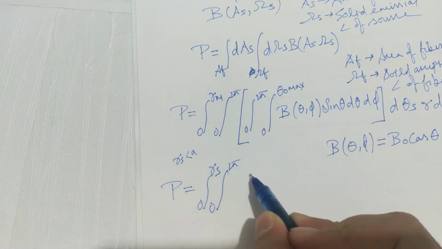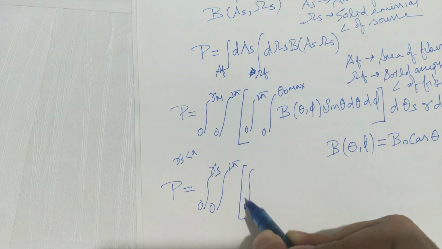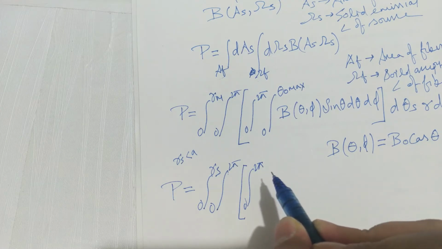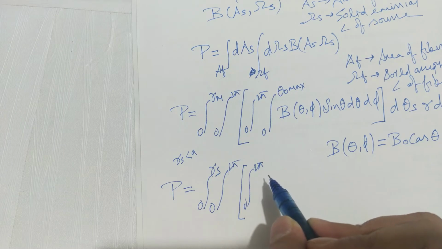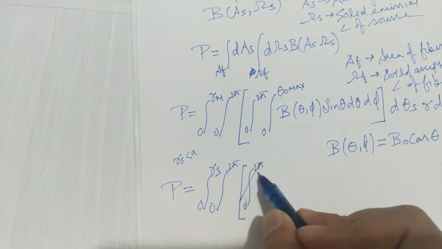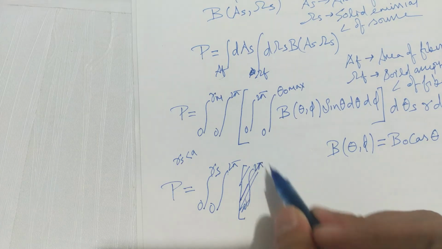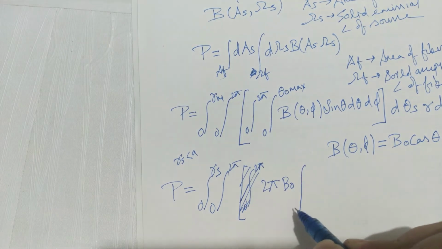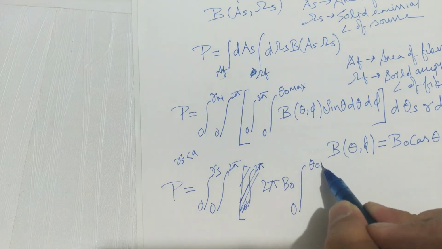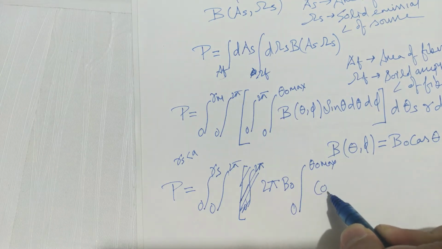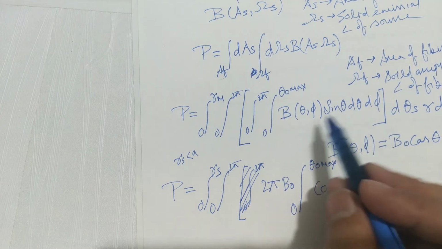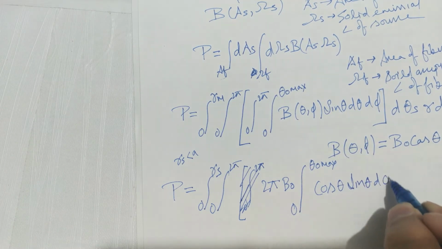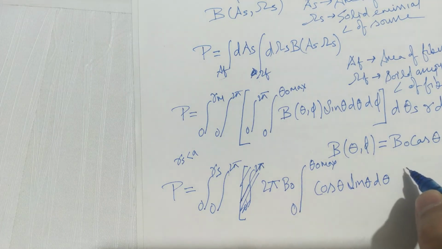Then 0 to 2 pi for the total angle, and we can solve this to get 2 pi B_0 with the limits on cos theta, by replacing with the Lambertian pattern formula.